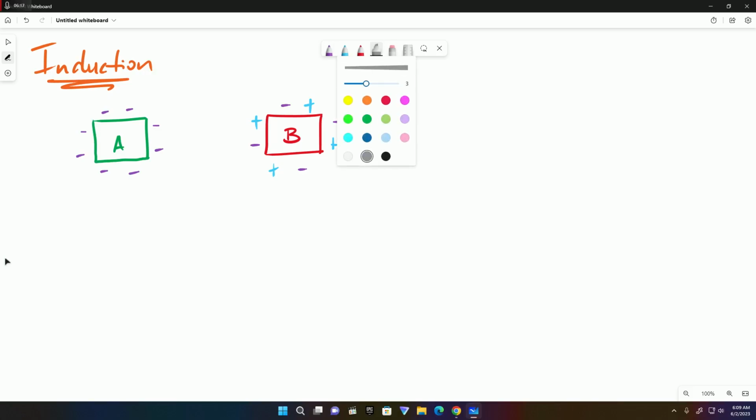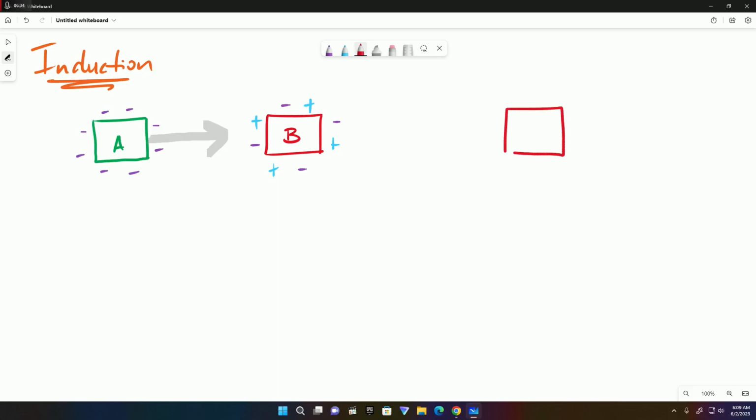If I now move this negatively charged object closer to my neutral object, what will happen is that the negative charge on object A will attract or pull all the positive charge to this side, and it will repel all the negative charges over here.